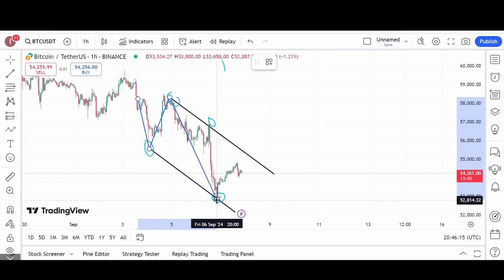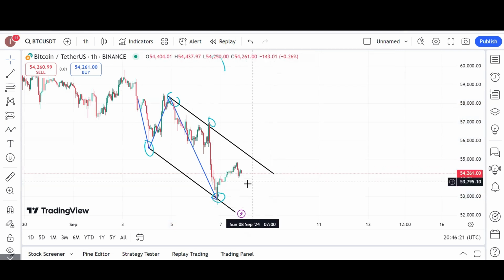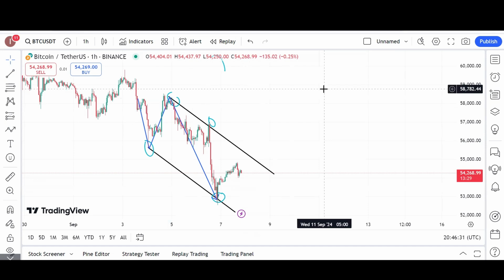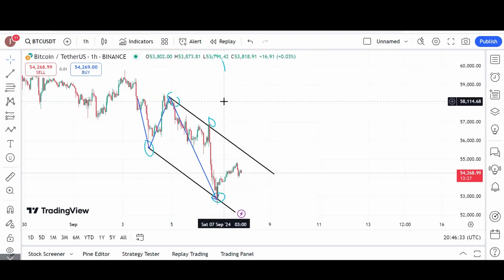According to our trend line requirement, this confirms the downtrend. If it bounces back and crosses this trend line, then the downward trend changes into an upward trend for BTC. I hope you understand now.